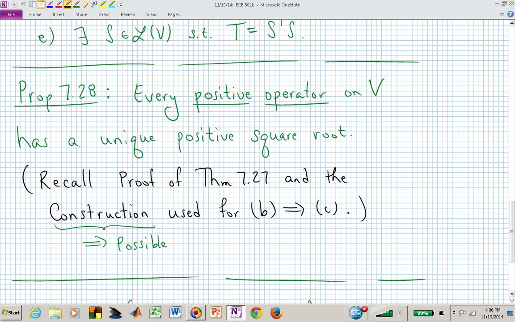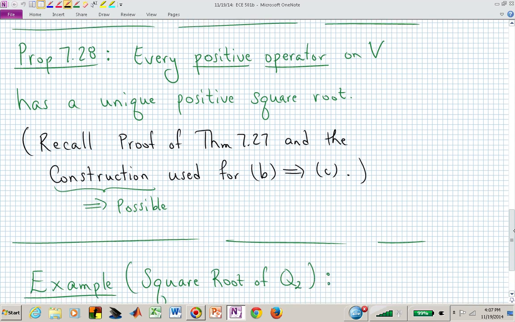And we really created that square root during the construction process when we were proving Theorem 7.27, when we were proving that statement B implied statement C. That relied on us creating this square root.